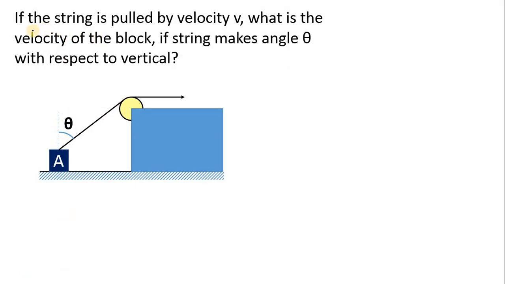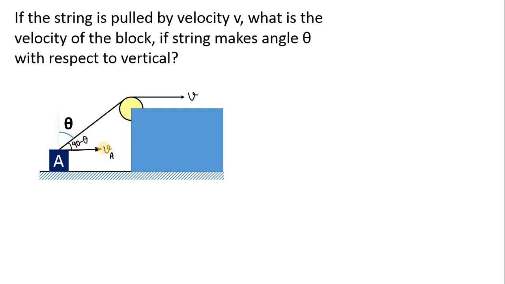Next question. If the string is pulled with velocity V, here the string is being pulled rightwards with velocity V, what is the velocity of the block? If the string makes angle theta with respect to the vertical. Now you see, the block is kept on the table, so it will be assumed that the block will be moving along the table horizontally with some velocity, let us say VA. Now this angle is 90 minus theta.